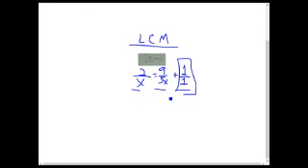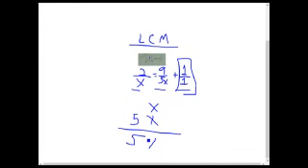To do this, he's lined up how many x's there are, how many 5x's there are, and he's ignoring the 1. Basically, it's 5x. So your lowest common denominator is 5x when you set it up this way.